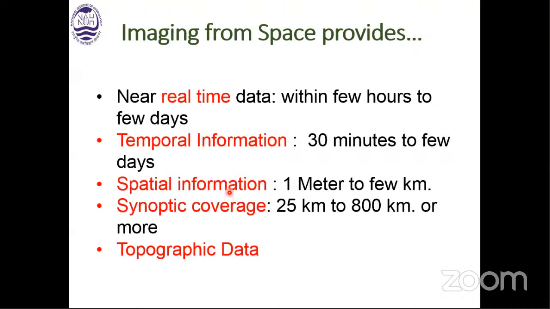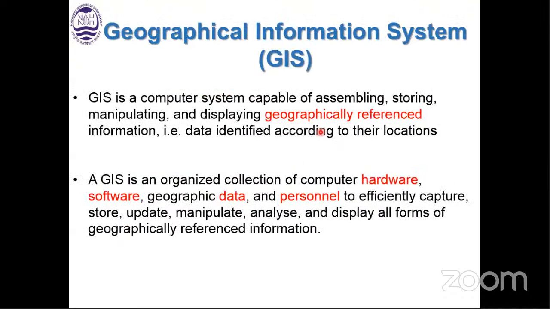Spatial information: we can detect even a car with remote sensing techniques, at 1 meter spatial resolution. And we get synoptic coverage: in a single scene, 25 to 800 kilometers of the Earth's surface can be detected, and then we can access topographic data also.